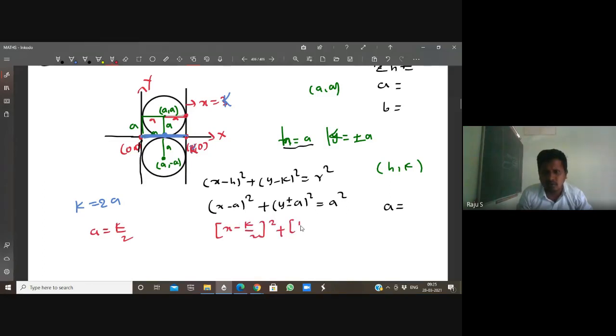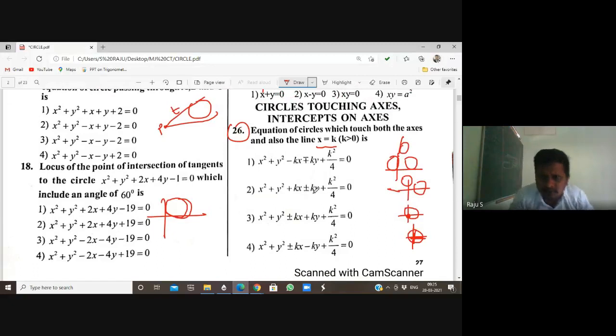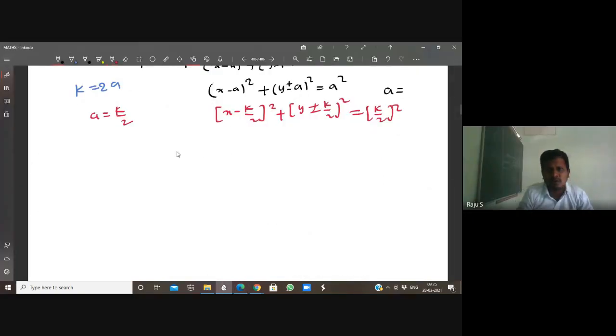So substitute the a value as k by 2: (x minus k by 2) square plus (y plus or minus k by 2) square is equal to (k by 2) square. All of you simplify this, you will get the required equation. So what is the answer you are expecting here? Anyone? Apply (a minus b) whole square, so a square plus b square minus 2ab, nothing but kx. Listen, this 2ab, 2 into x into k by 2, gets cancelled.